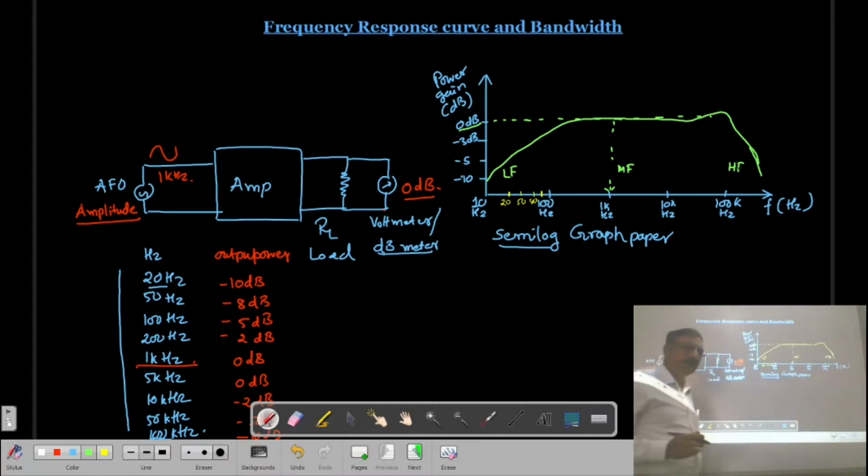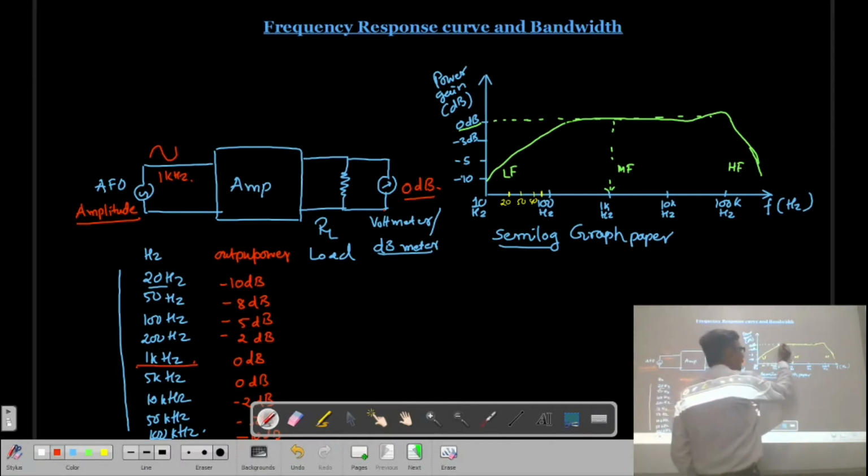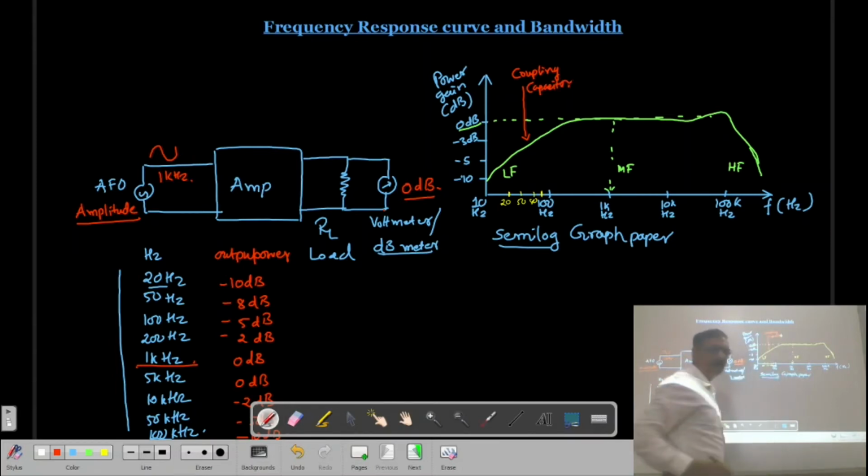I already mentioned in my previous lecture, when we were discussing frequency distortion, why the power gain of the amplifier is low at a lower frequency, and that is due to a coupling capacitor of the amplifier.